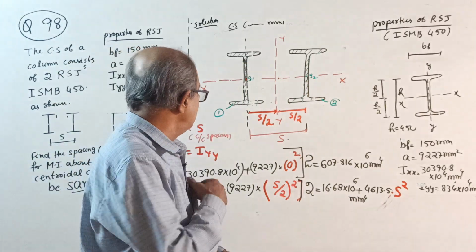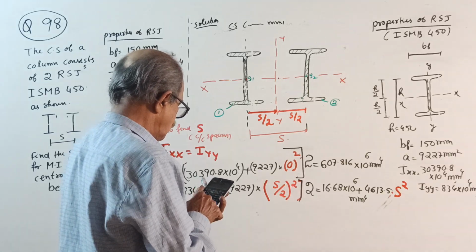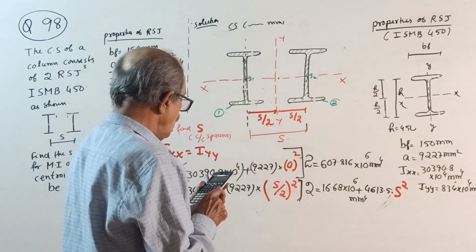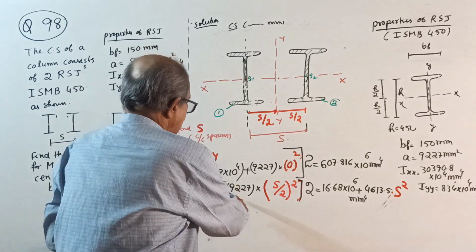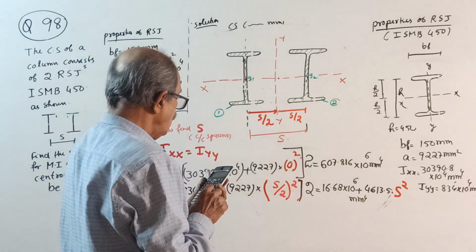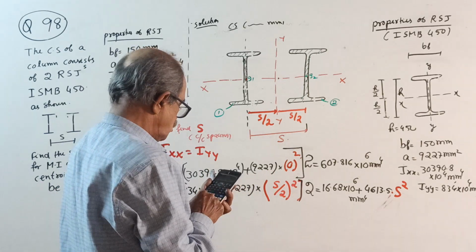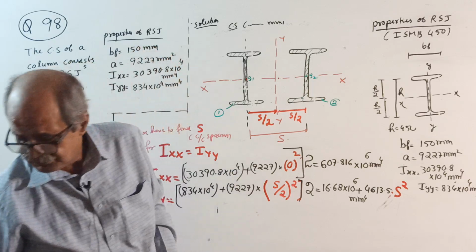Okay, not required, that is correct. 834 into 10 to the power 4 into 2 is 16.68. Other one is 9227 into 1 by 2 square, into 1 by 4, then into 2. Yes, 4613.5 times S square will come.